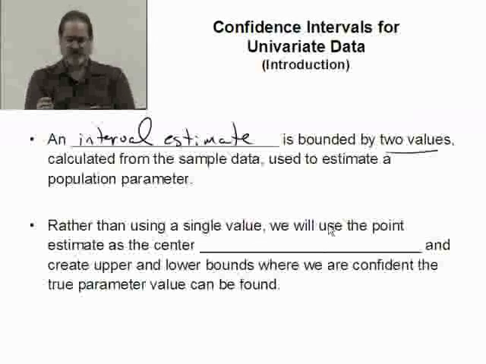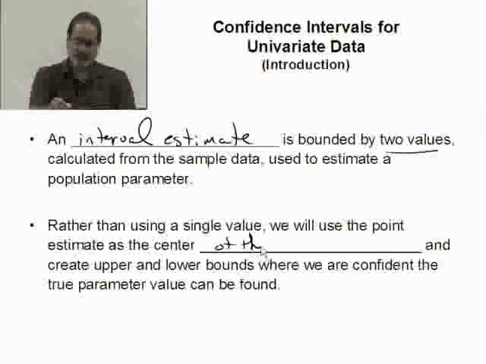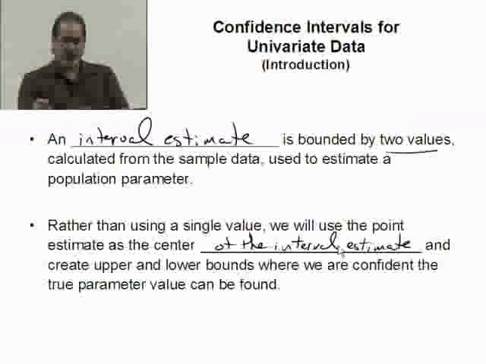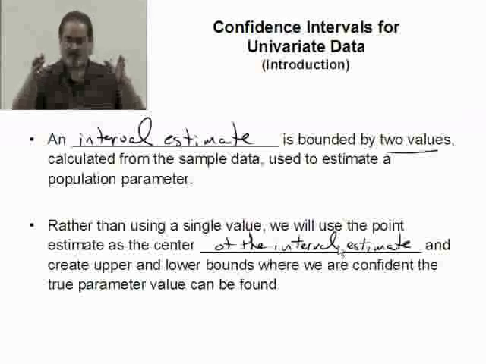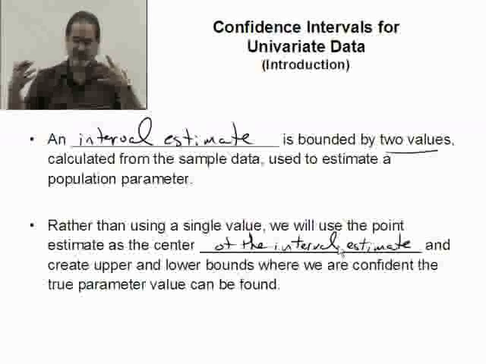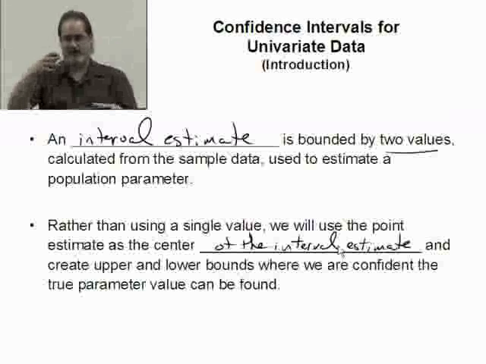Rather than using a single value, we're going to use the point estimate as the center of the interval estimate. And we're going to create those upper and lower bounds, where we attach the idea of being confident that the true parameter value is going to be in there somewhere.